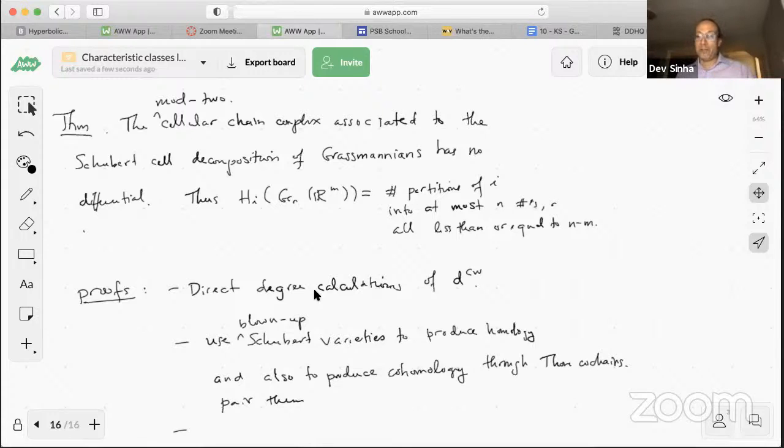But then there's a trick, and this again assumes the Whitney sum formula.